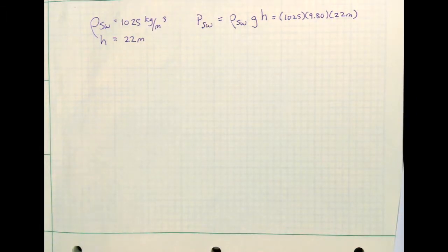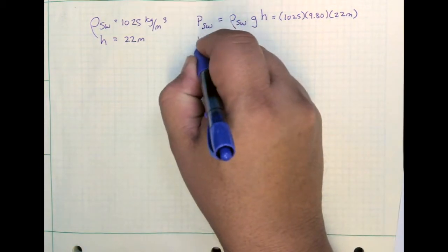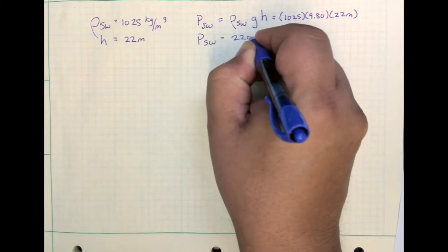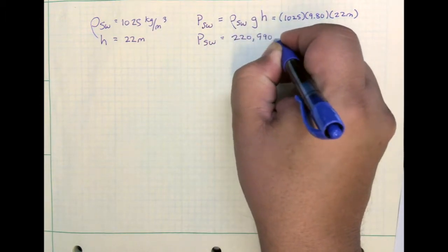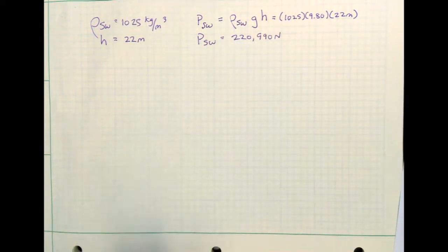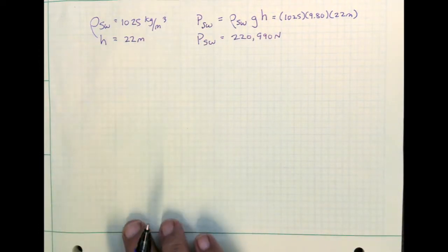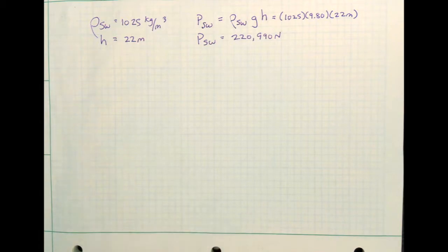This allows us to calculate the total pressure exerted by the fluid, which is going to be 220,990 newtons per square meter. Since this problem has two significant figures in its data, the 22 meters for the depth, we would report this as 220,000 newtons per square meter for the pressure due to the water at the bottom of the tank.